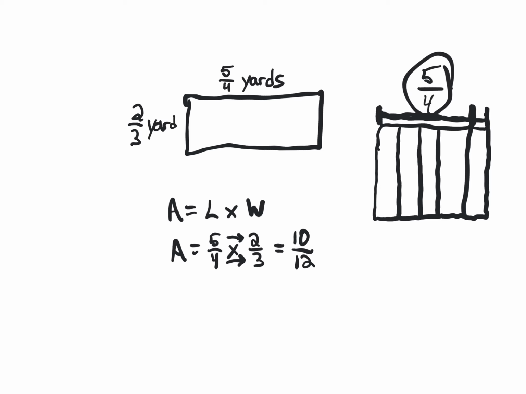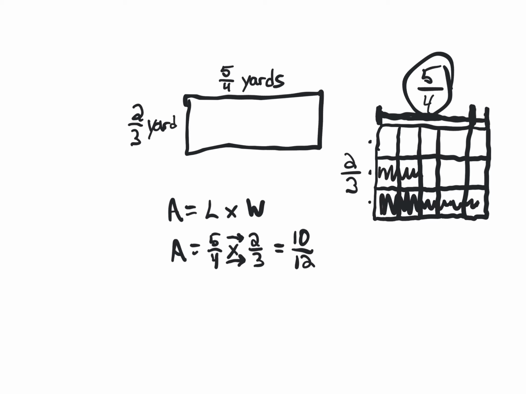Next, I want to represent 2/3. So we're going to chop this side view into thirds. And now we get to color this in. So let's color in 2/3. Well, I have section 1 here, section 2, section 3. So I'm going to color in 2 sections out of the 3.